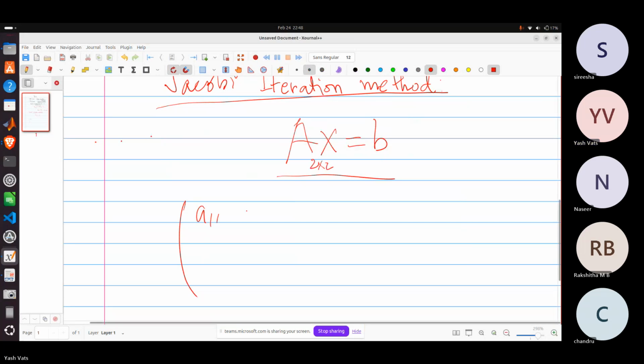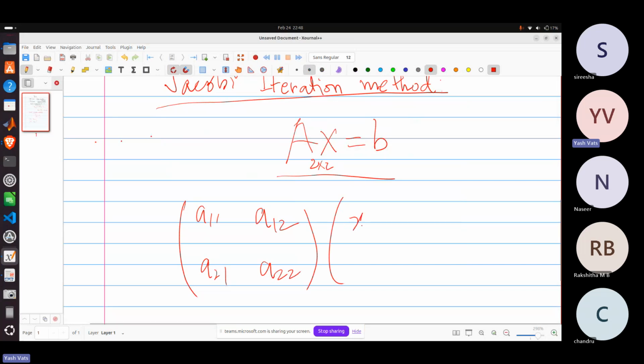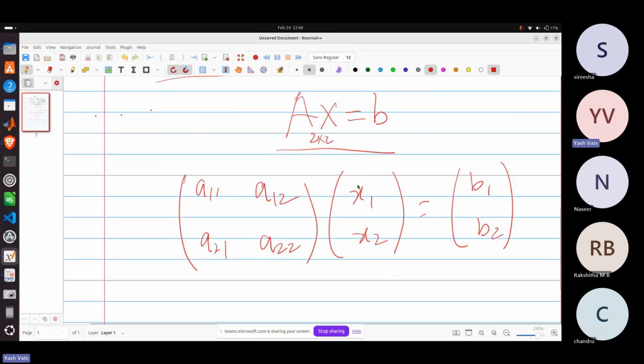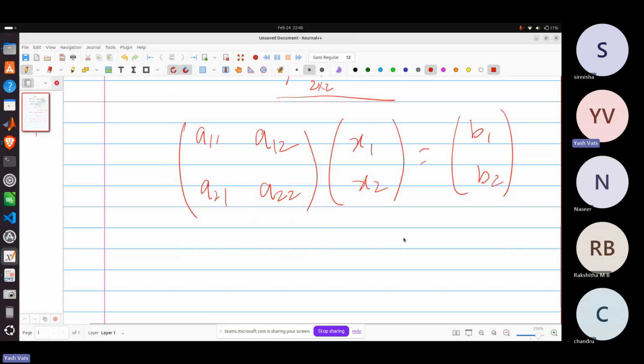Then I can list the entries of A as a11, a12, a21, and a22, and you have x1, x2, which is equal to b1, b2. You don't know the solution of this system, so you need to find out what x is in this case. How do we do that? Suppose you are given some initial point, say x_0, with components x_0,1 and x_0,2, and it is given to you.